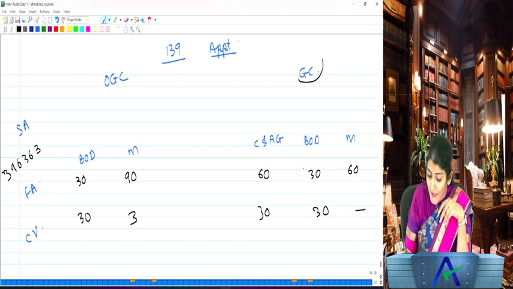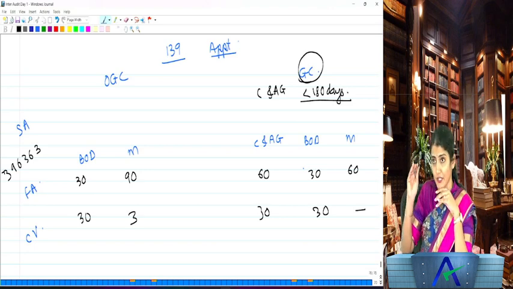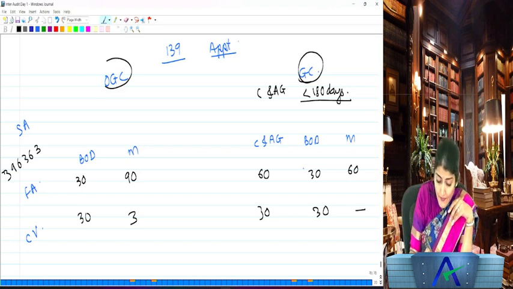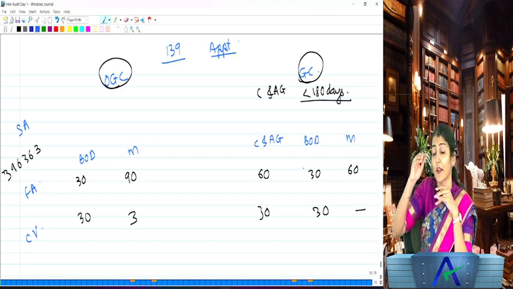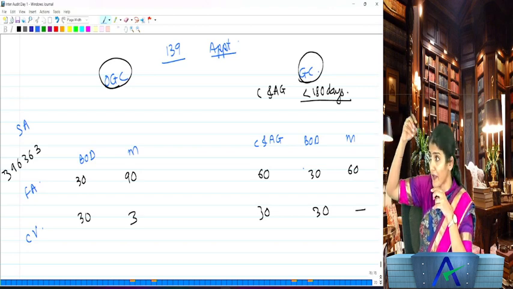Right, then government company subsequent auditor to be appointed by the C and AG within 180 days from the commencement of the financial year, and the auditor will hold office till the conclusion of the AGM, the general meeting. Then other than government company subsequent auditor, written consent certificate to be obtained from the auditor before his appointment.